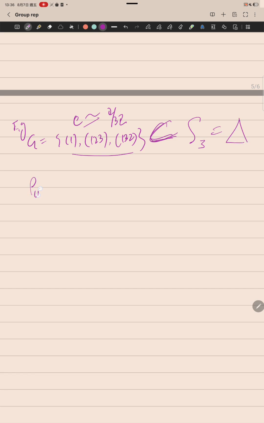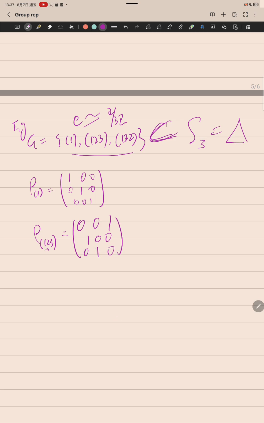Now I can define rho: rho of 1 will just be the identity matrix, and for (1 2 3), 1 maps to 2, 2 maps to 3, 3 maps to 1. So you can write down the matrix, which is 0, 0, 1, 1, 0, 0, 0, 1, 0.